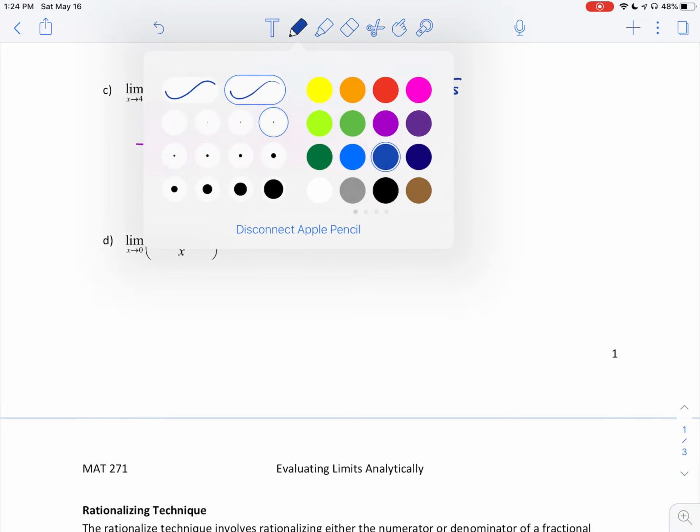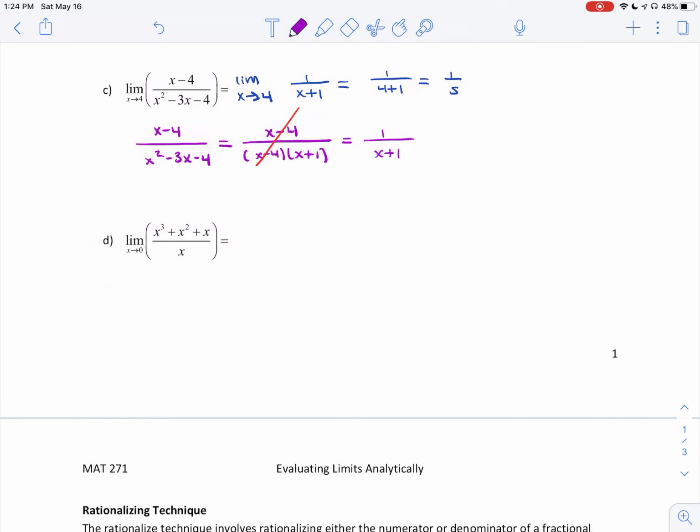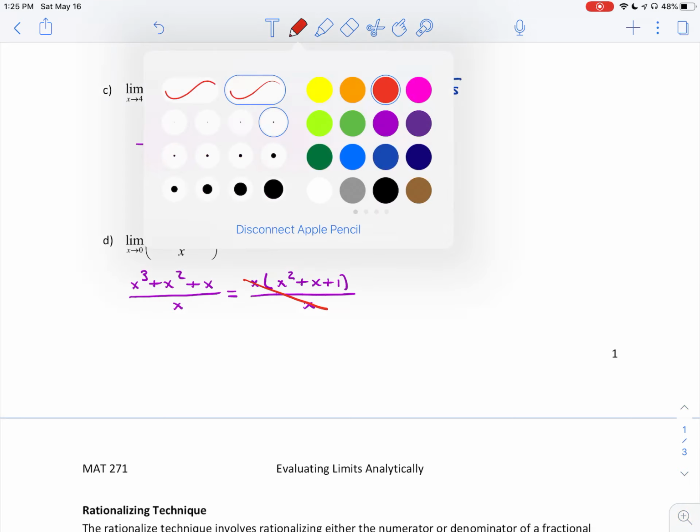All right, one last one like this. Let's go ahead and look at the limit as x approaches 0 of this function. Once again, if you plugged 0 in, you would see that it's 0 over 0, which is indeterminate. So we're going to have to again simplify this function. This time our numerator, we can go ahead and just factor an x out of everything, which of course gives us a common factor that we can cancel on the top and the bottom.